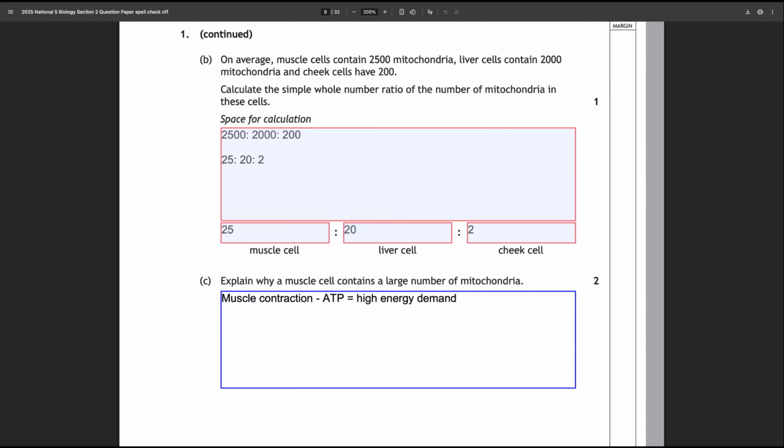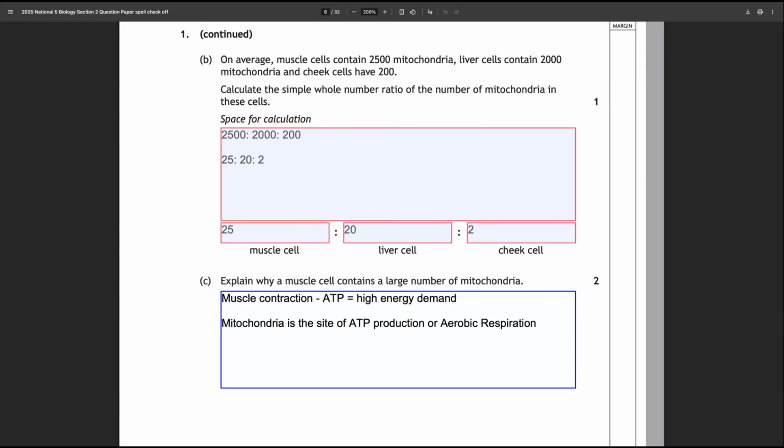So that would be enough to get you 1 mark for this question. It's worth 2 marks, you'll notice. And the second mark is for saying what I mentioned a moment ago, which is that the mitochondria is the site of ATP production. The mark scheme says you can get away with saying aerobic respiration. Okay, so something along these lines would be what you're needing for the 2 marks.